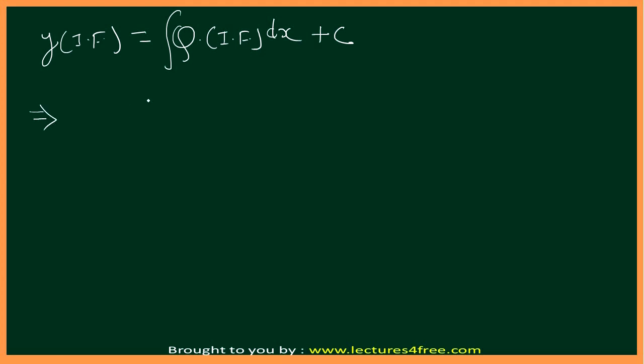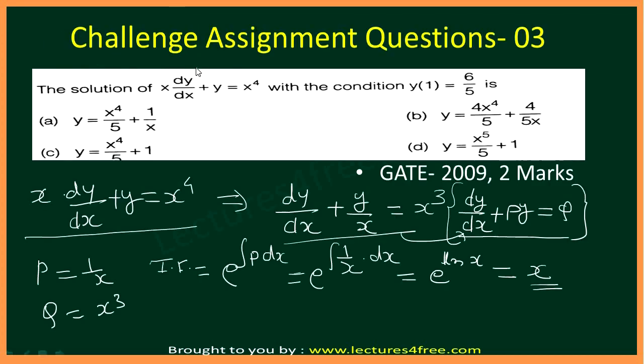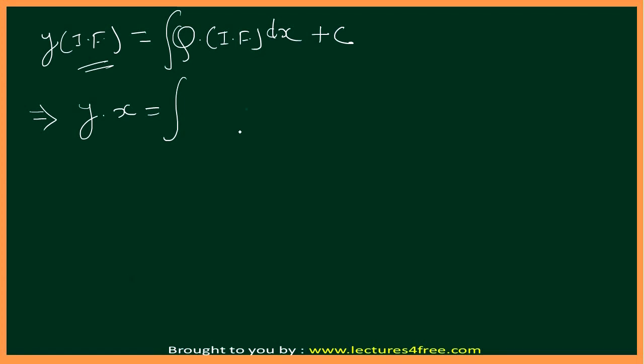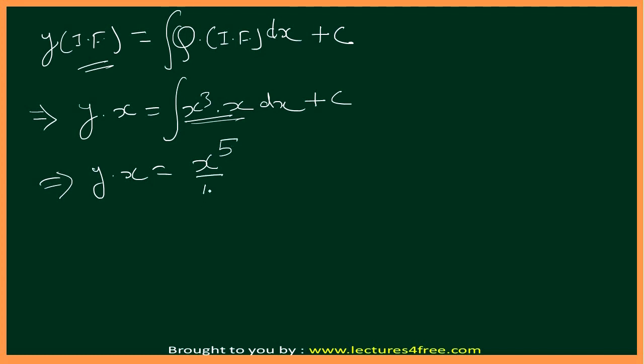So y into x, since the integrating factor is x, is equal to the integration of Q, where Q is x cube, times the integrating factor x, dx plus c. So you get y into x is equal to integration of x to the power 4, which gives x to the power 5 upon 5 plus constant c.